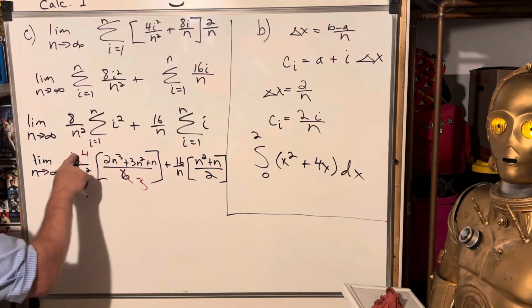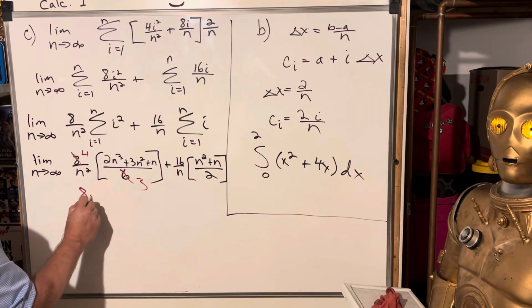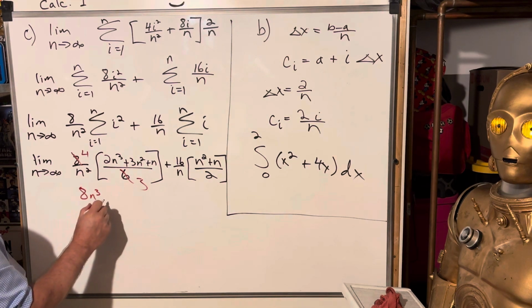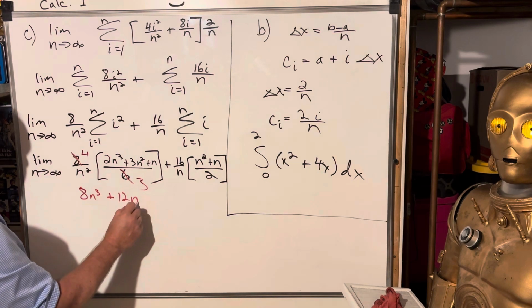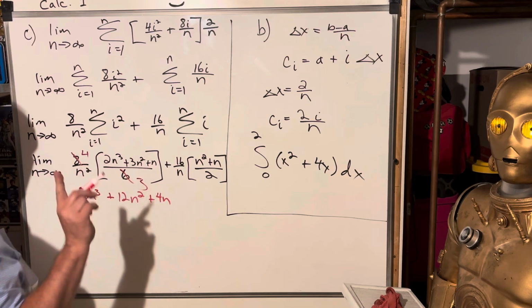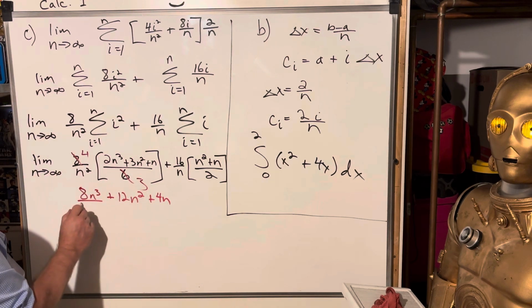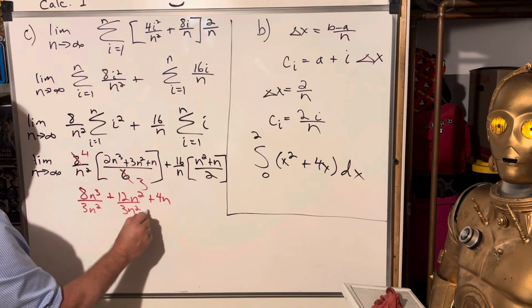So I'm going to distribute the 4 times everything, and we'll have 8n cubed plus 12n squared plus 4n over 3n squared, 3n squared, 3n squared.